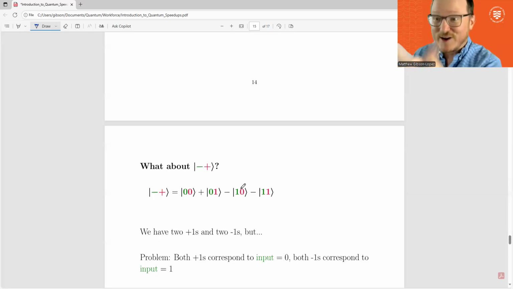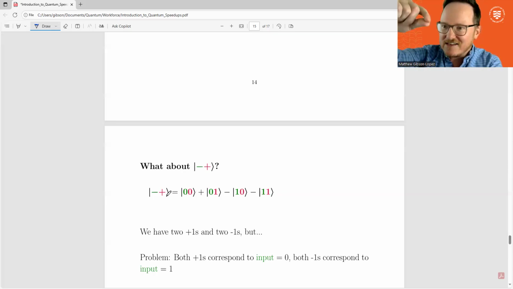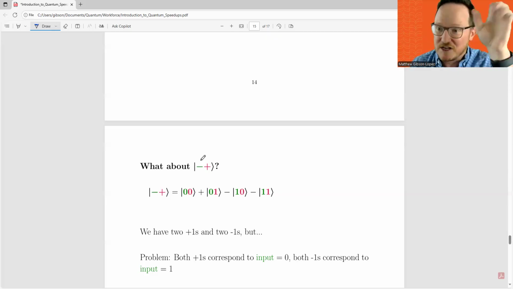If you swap them, you're going to swap the two negative ones. And so you still run into the situation where whether you swapped or not doesn't change the state. You're still going to have negative ones in both places, or if the green bit is 0, you're going to have plus ones in both places. So swapping the signs doesn't change the state at all. If it doesn't change the state at all, certainly you're not going to get any useful information out of that. So it turns out that minus plus also doesn't work.